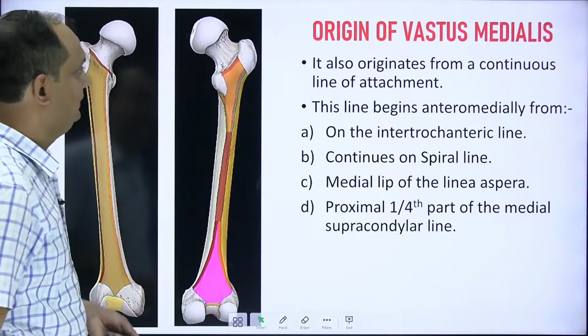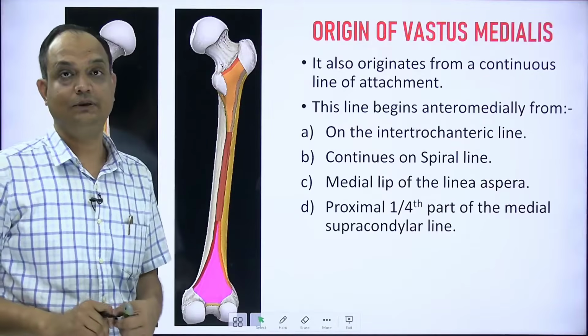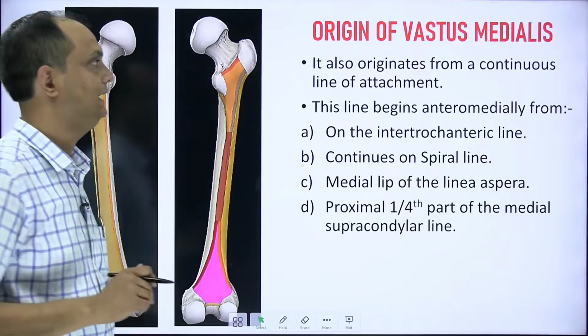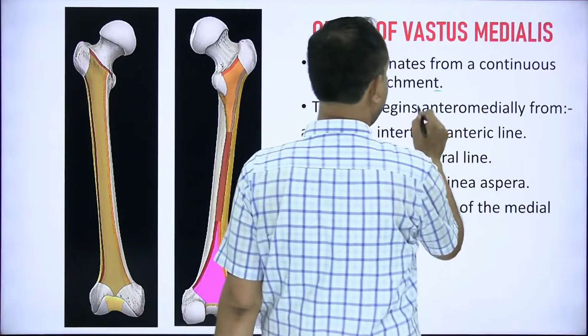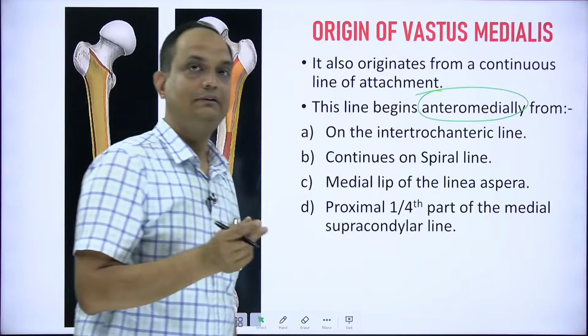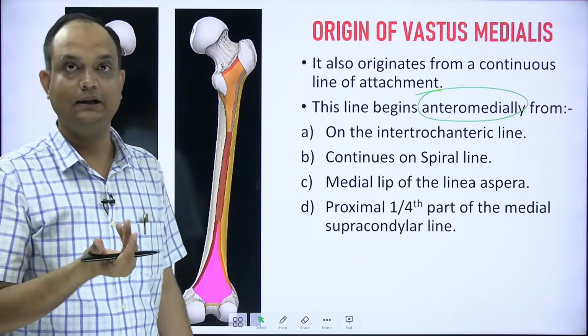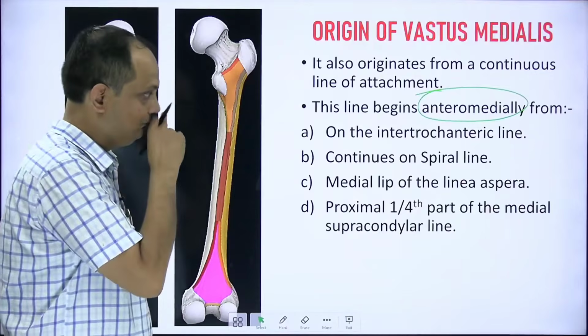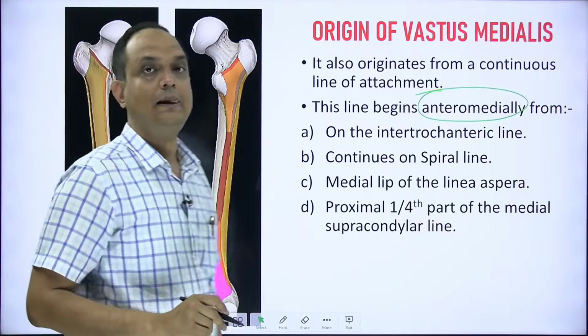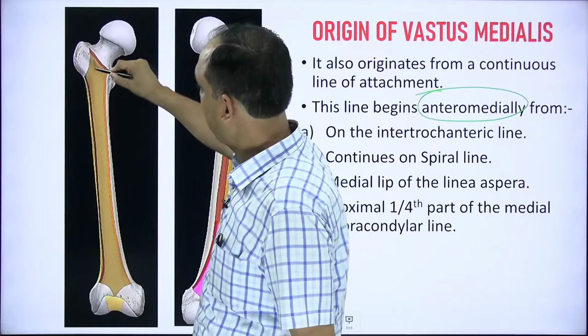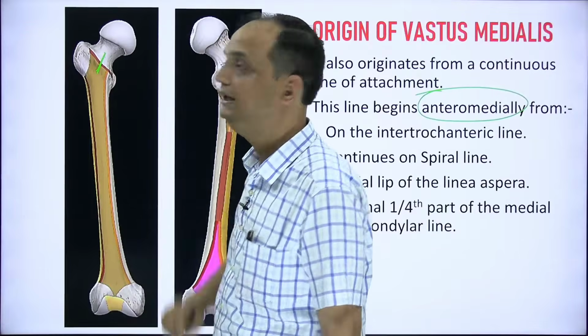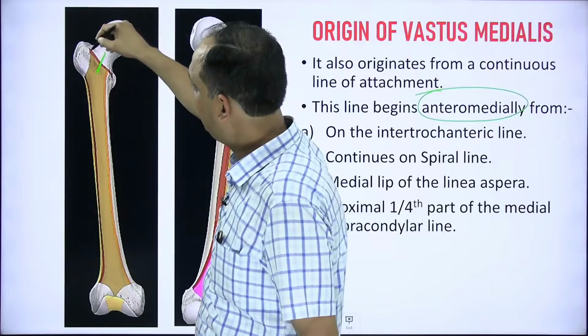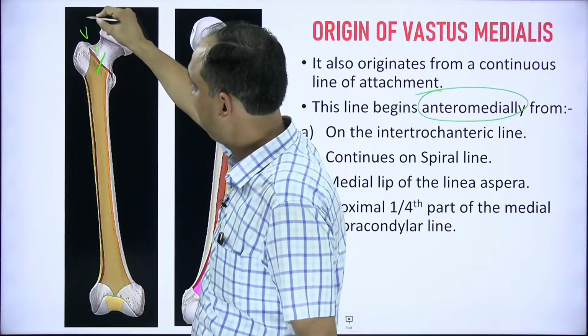In the same way, vastus medialis arises anteromedially. Lateralis was anterolateral, this is anteromedial, and its origin again starts from the intertrochanteric line. But we have divided this line into two halves, lateral half and medial half. The lateral half gives origin to vastus lateralis.